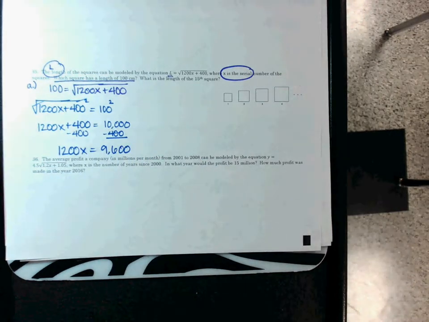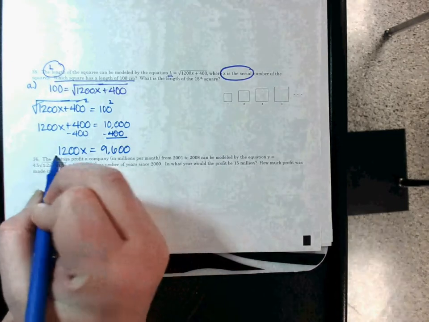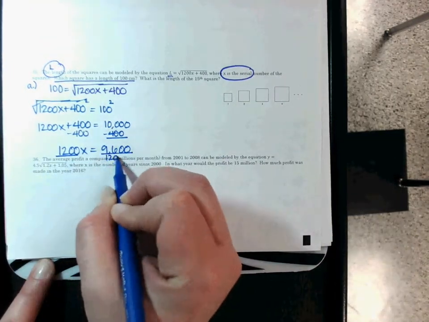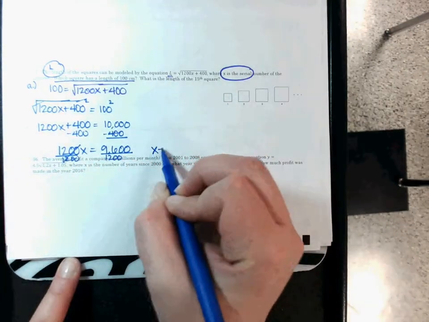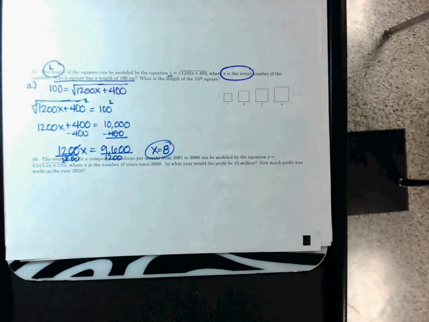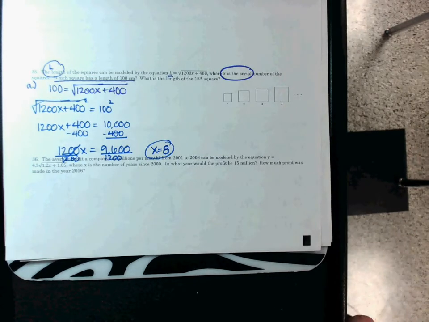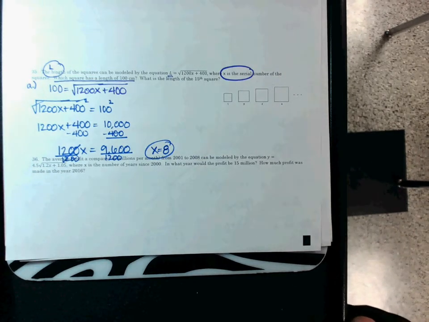Okay, and then what do I do with the 1,200 in front of that? Divide. Good. 8 exactly? Perfect. So that means that the 8th square would go with that side length.